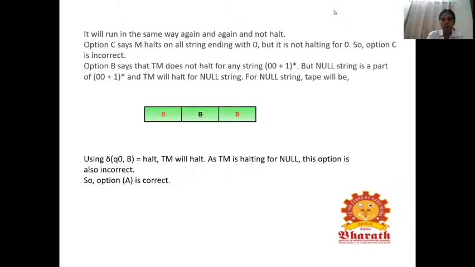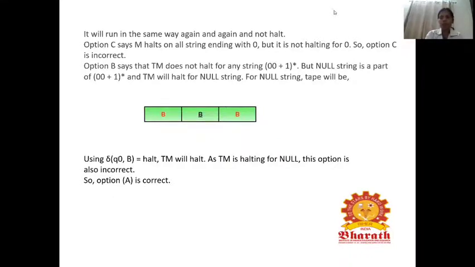This is how the transition takes place. It will run in the same way again and again and does not halt. So for all strings ending with a 0 also, no halt takes place. From this we can say option 3 is not correct.